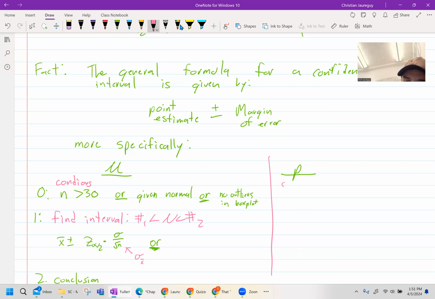So the conditions here for P, hopefully remember, is NP is greater than or equal to 10, and N1 minus P is greater than or equal to 10. And then for step 1, we're going to find the interval.